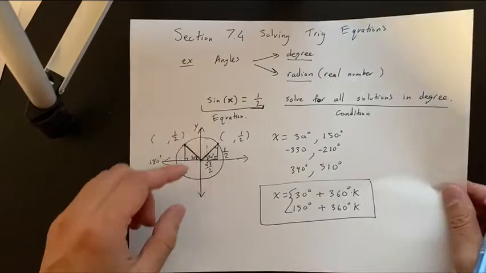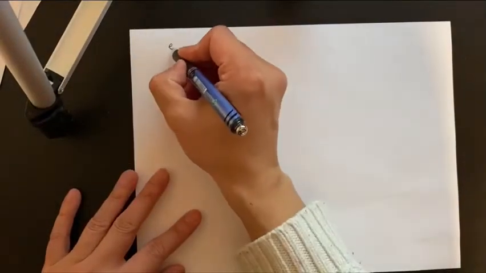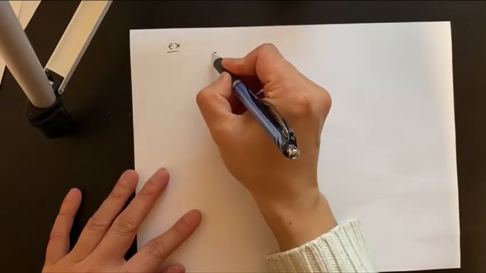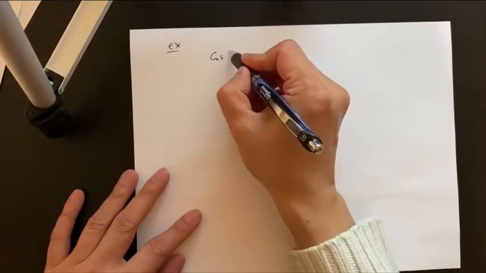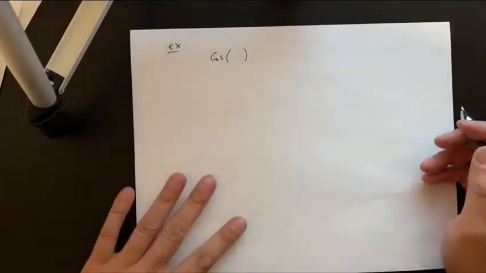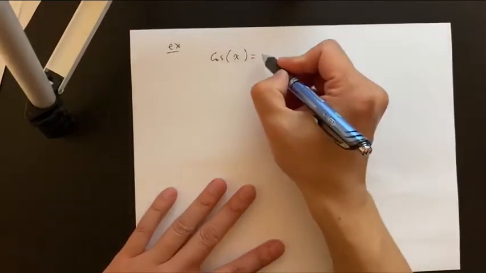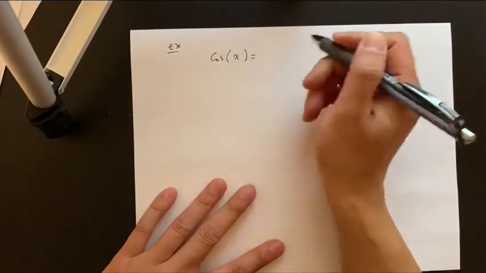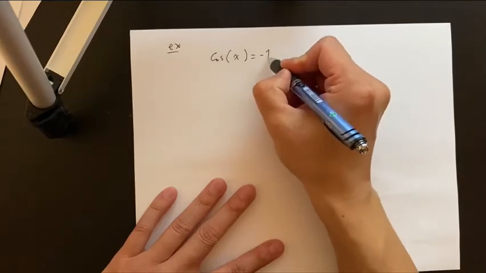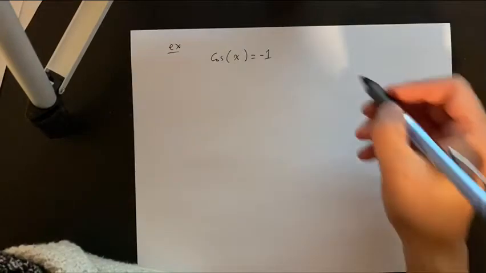All right, let's do another example. This time I'm going to do a cosine, and this time let's try -1. So cosine of x is -1.